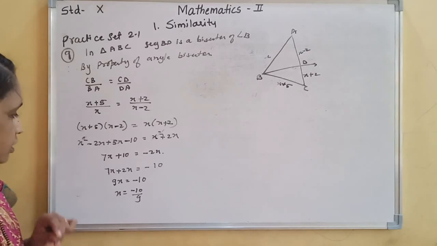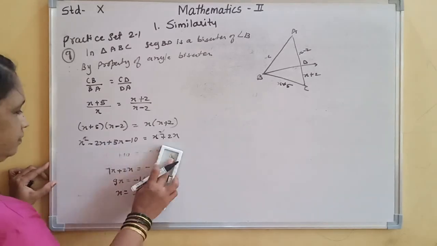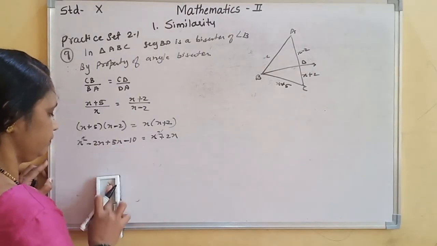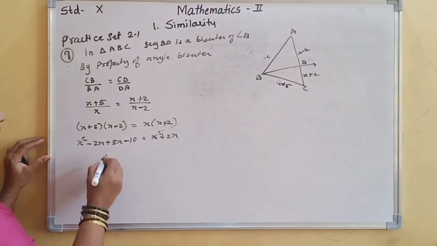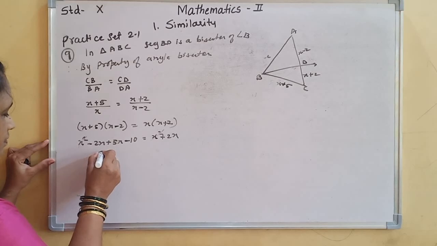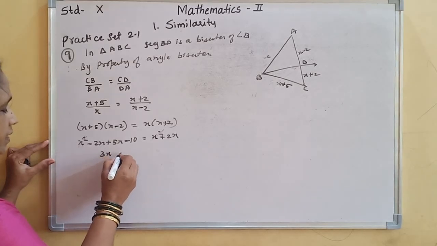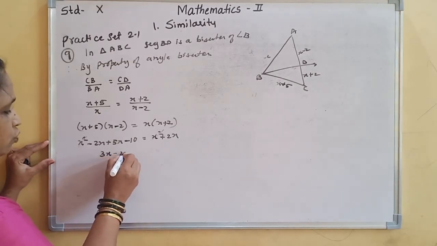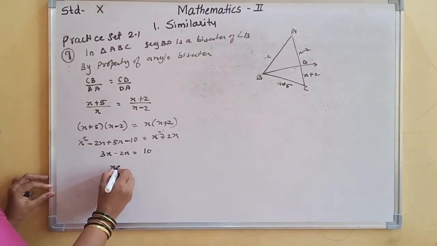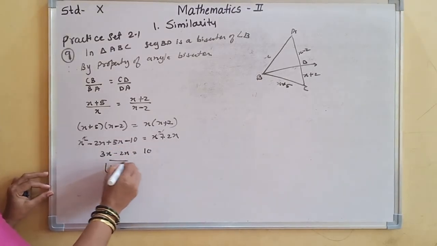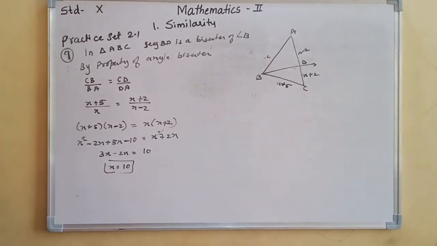So it will be 3x minus 2x is equal to 10. 10 we will take this side, means x is equal to 10. Okay, so we have got the x value as 10.